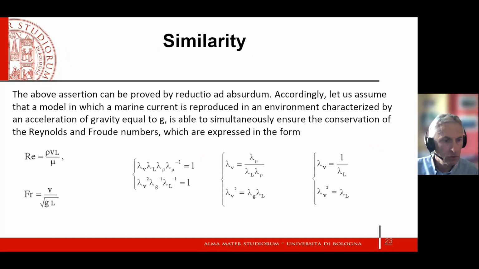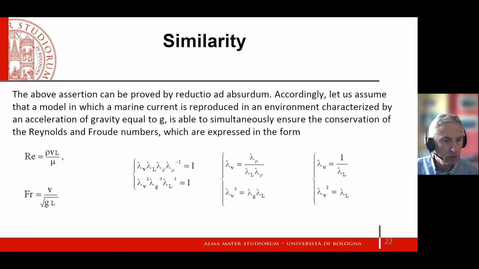And so in this case, you may decide to drop some of the physical quantities, as I said before, and therefore not to care about the fact that some dimensionless numbers may not be preserved. You decide that you don't care about that.